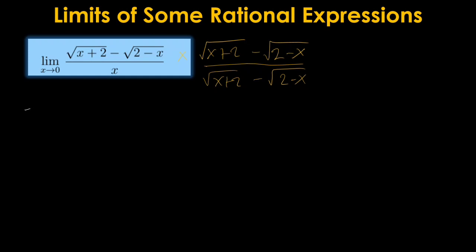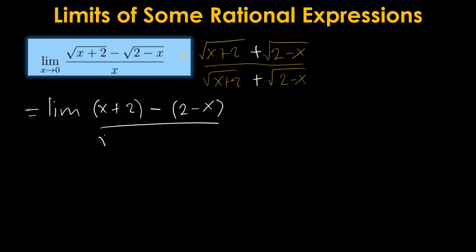Okay, we can now write our limit this way. If we multiply this term to this term, it will become a square, and the square root will be eliminated. It's going to be x plus 2. And if we multiply this term, the conjugate is plus, so the square root will be eliminated and we have a difference of 2 squares. This is now 2 minus x.